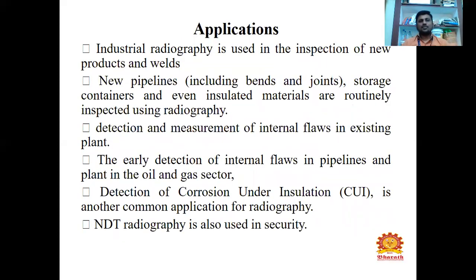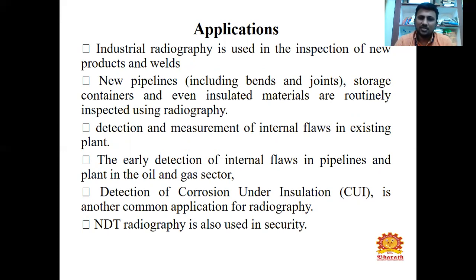The applications of industrial radiography: it is used in the inspection of new products, welds and new pipelines, including bends and joints, storage containers, and even insulated materials, which are routinely inspected using radiography.